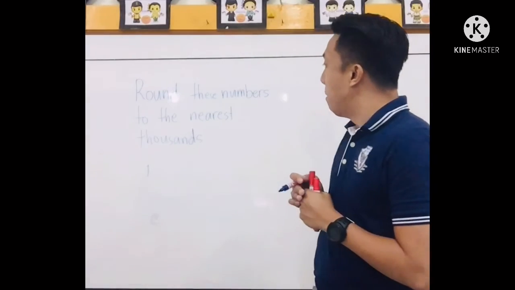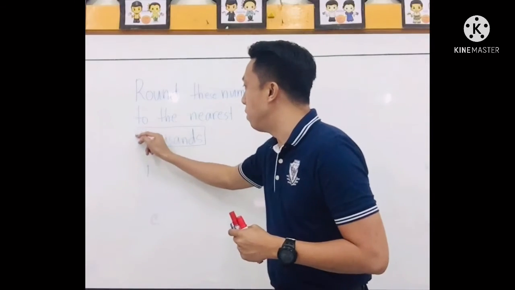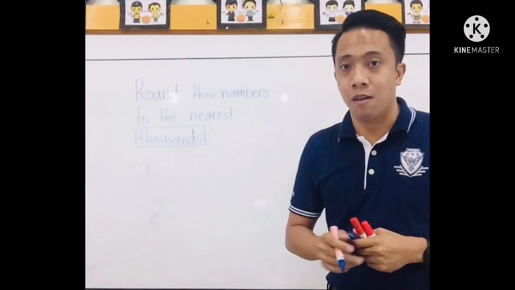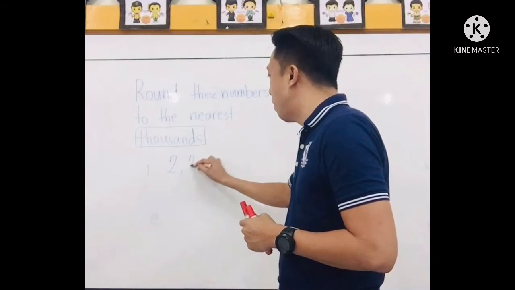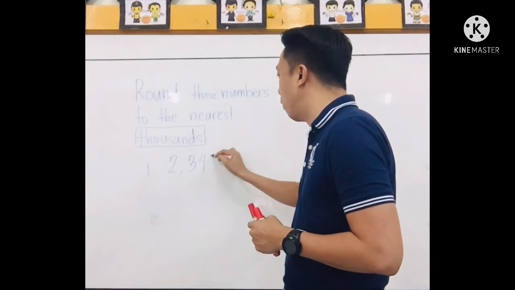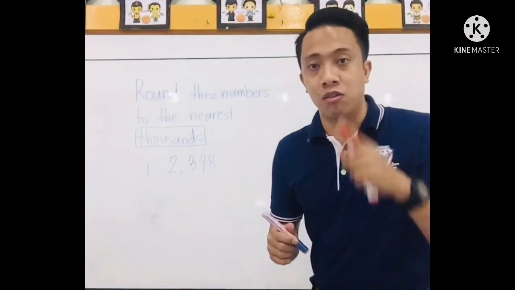Alright? So our main question is we need to find the numbers in thousands place. For example, 2,348. Let us first do the first reminder.